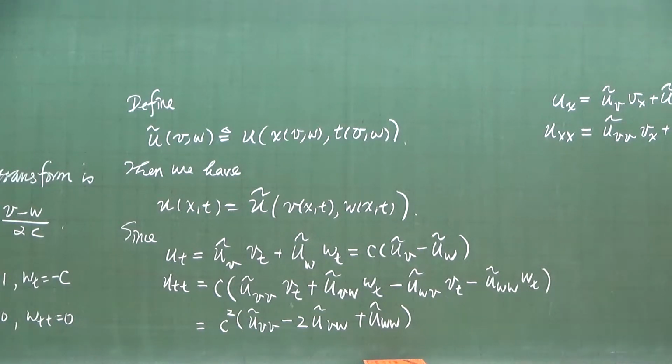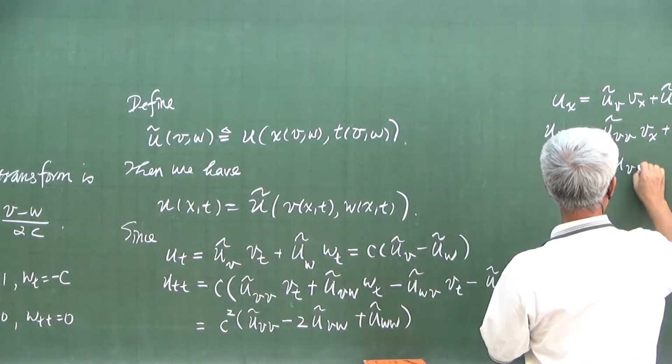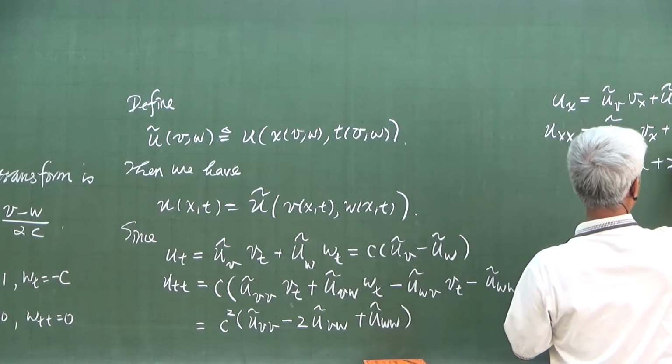Okay, and since all the first partial derivatives equal 1, we have u_vv plus 2 u_vw plus u_ww.